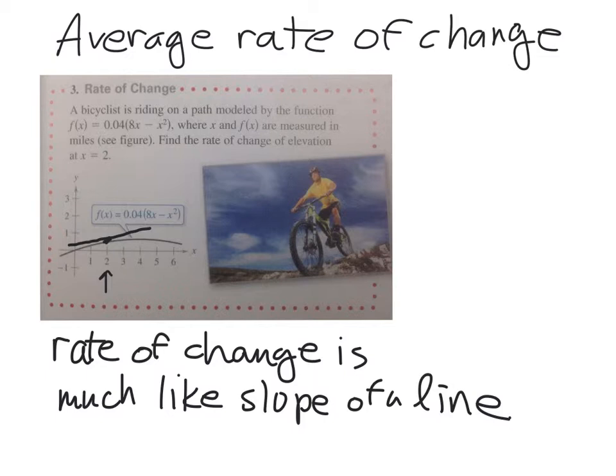Now the problem is, how do we find the slope of a line? Well, in algebra, how do we find the slope of a line? We need 2 points. But in this case, we only have 1 point.